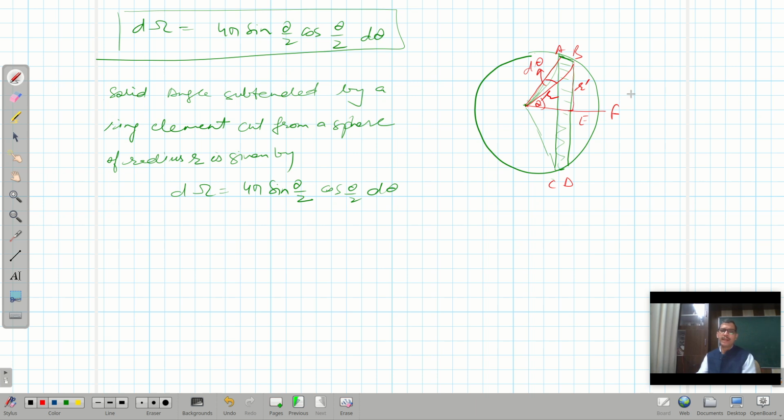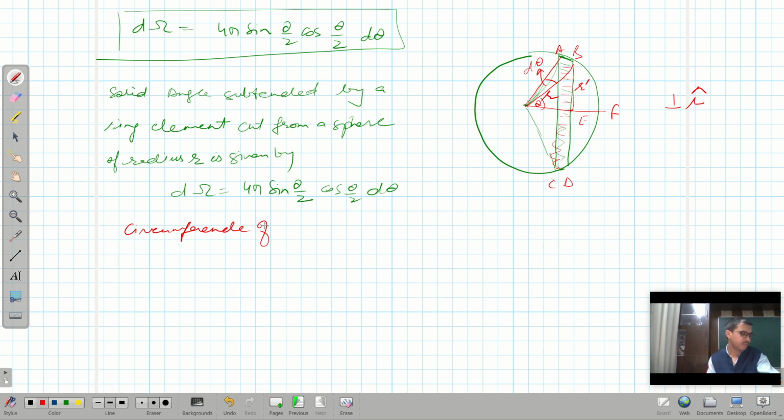So first of all, we have to find out the area of the ring, right? We have to find out the area of the surface of the ring, because this area element is perpendicular to r cap, since r cap is along this direction, suppose. So first of all, we have to find out the circumference of the ring.